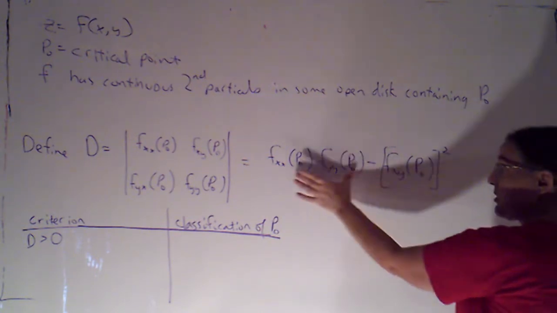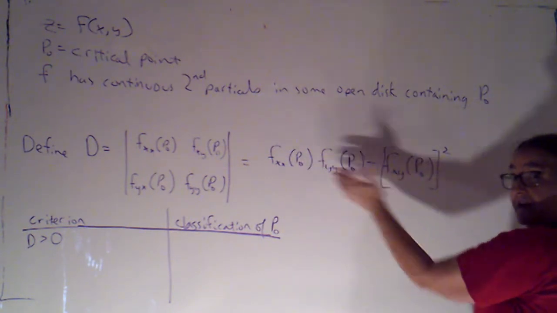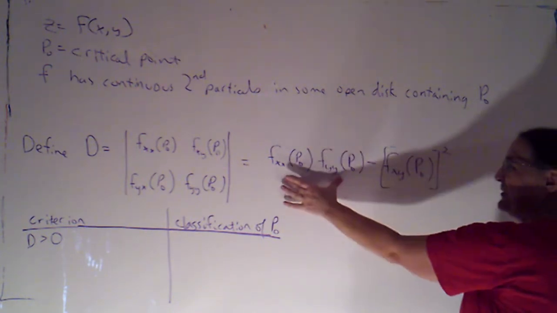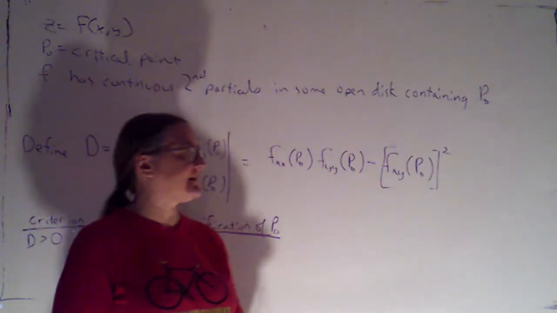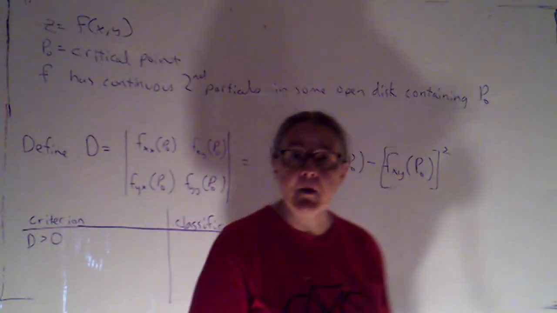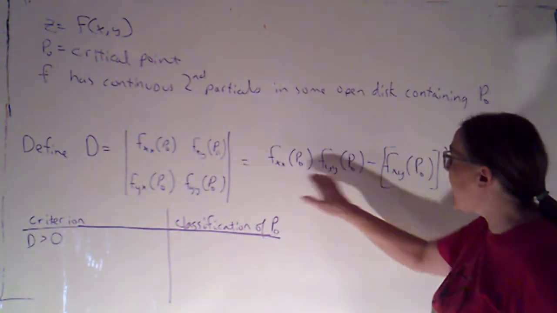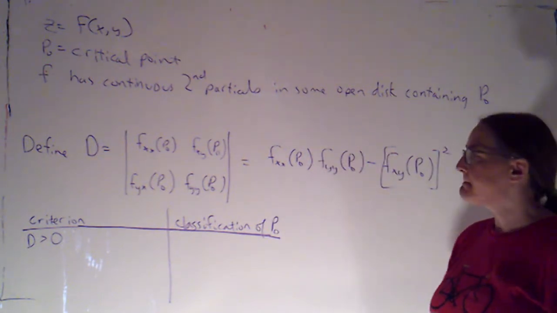If I subtract 0, I'm just going to get this product. This thing could be positive. In order for the difference to be positive, my first term would have to be positive and bigger than the term that I'm subtracting. So I would need that to be the case. So if D is positive, I know that my two non-mixed second partials have the same sign.